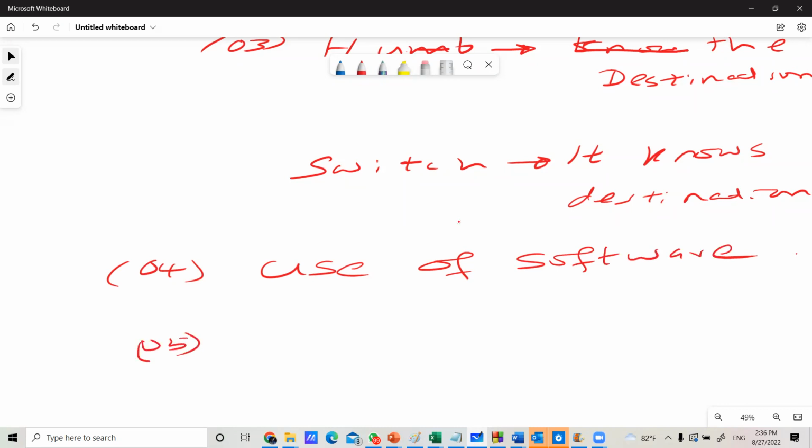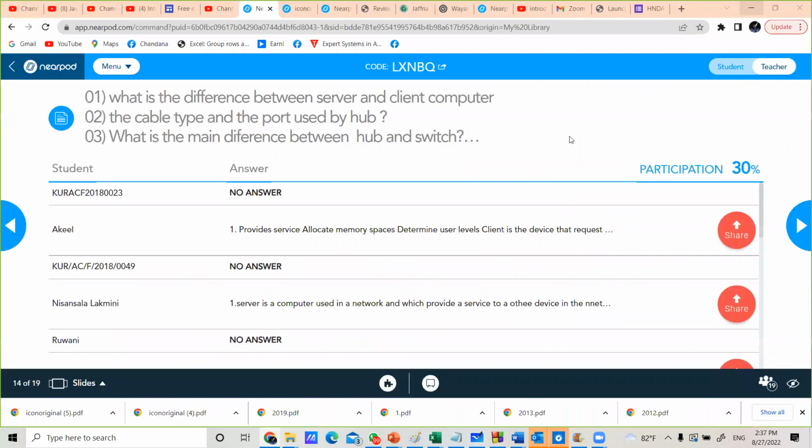Question number 5, they are asking about the transmission mode. Which transmission mode is used by the switch? They are using half duplex, or also they are using full duplex as a transmission mode. In that way, you want to answer the question.